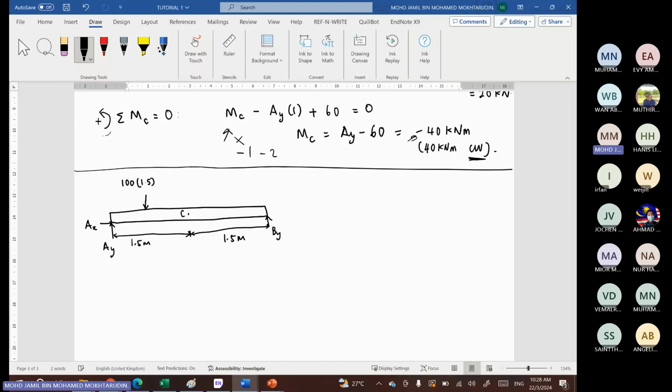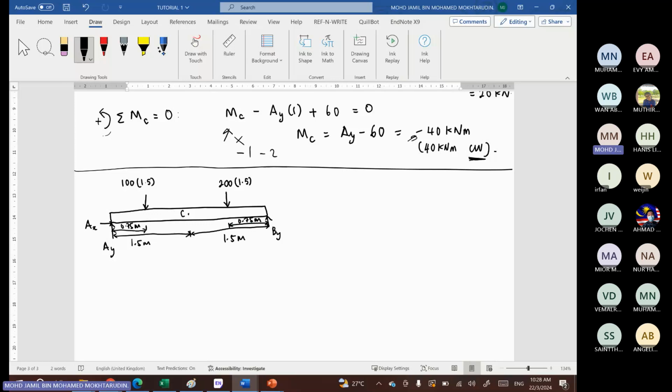So just multiply with the length. And then it is acting in the middle of the beam, okay? So it will be 0.75 meter. And then the other distributed load, 200 times 1.5, and similarly, it will be acting in the middle, 0.75.